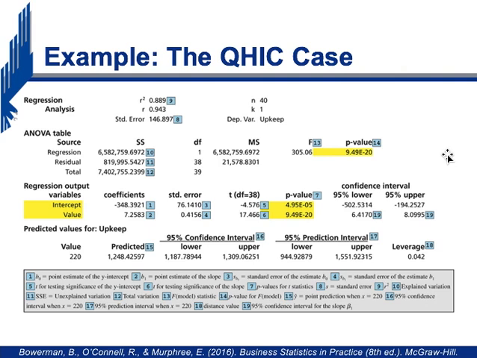Now, these regression results also show us predicted values for a specific value of x. So if x is equal to 220, then the model was able to make a prediction for y, which is 1248.42597.